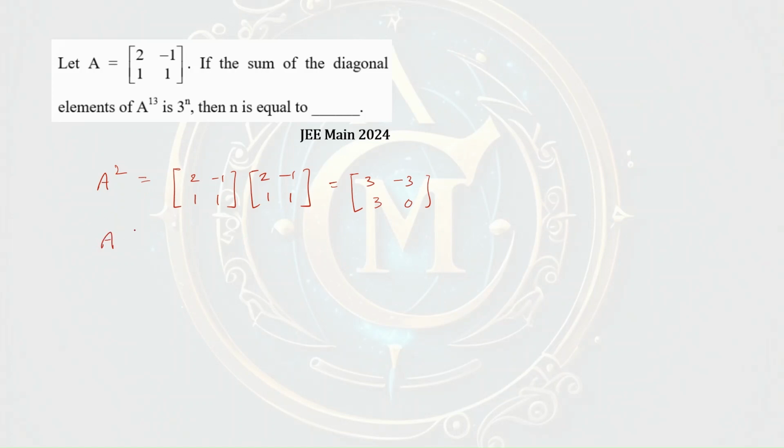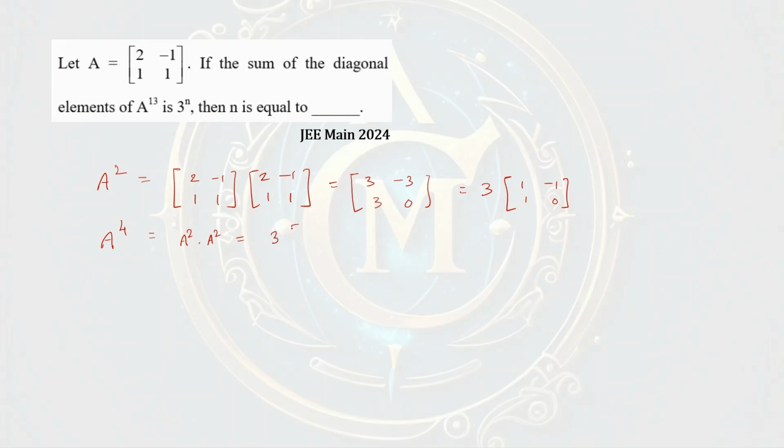Now if we calculate A to the power 4, it becomes A square times A square. So now from this relation we can take the 3 common, so it becomes 3 times this matrix. So we can multiply the constants overall outside the matrix multiplication.